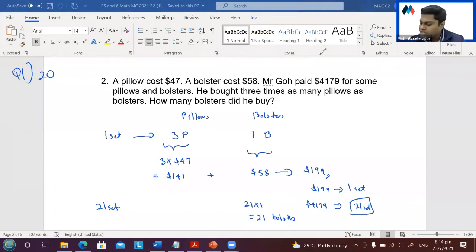Yes, but the question is asking for 50-cent coins, so you don't have to times 2. Okay, hold on. So the answer here is 21 bolsters.